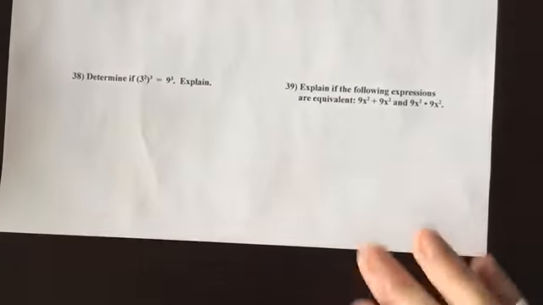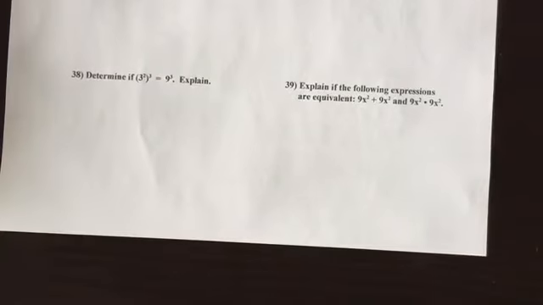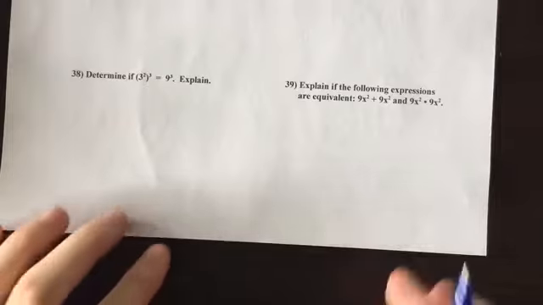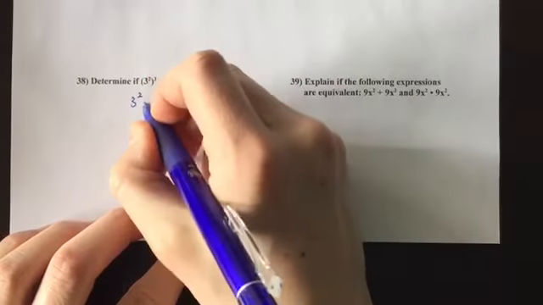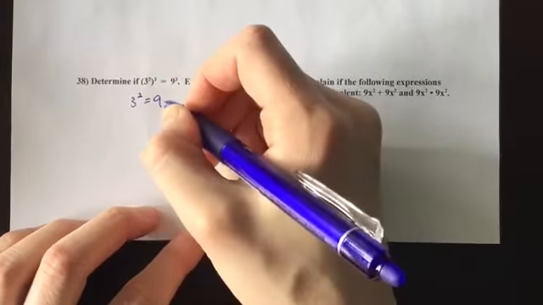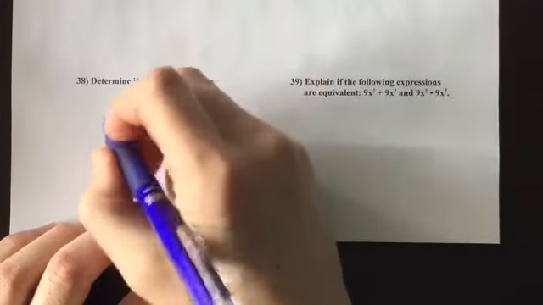Okay. 38 and 39 are explanation questions. So you can have different answers here. There are different explanations that would be accepted. For 38, determine if 3 squared to the 3rd power is equal to 9 to the 3rd. One of the things I want to realize is that 3 squared is equal to 9.